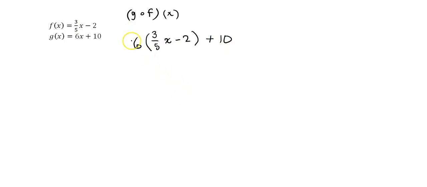All right, so I'm going to go 18 over 5 x minus 12. There's an x there, I forgot it. 18 over 5x minus 12 plus 10. Okay, and so right here you can see this is not going to go to 0.